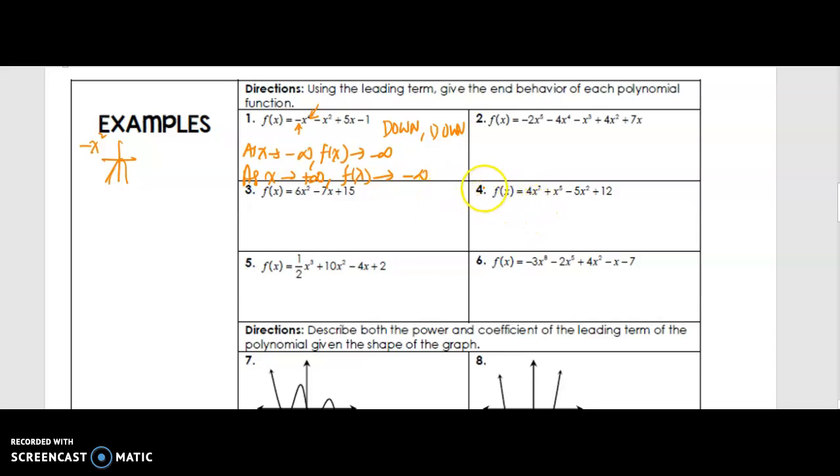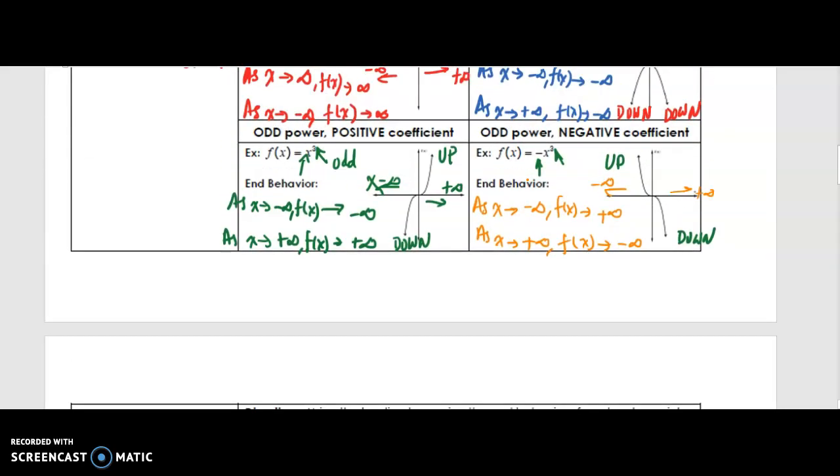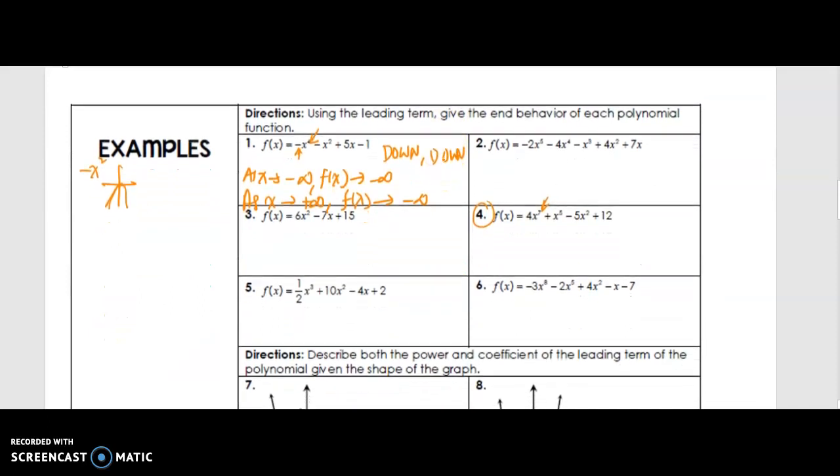So if you have the fourth question here, now this is odd power, and it has a positive coefficient. You can scroll up and see odd power and positive coefficient. So the left side is going down and the right side is up. So you can use the same thing here.